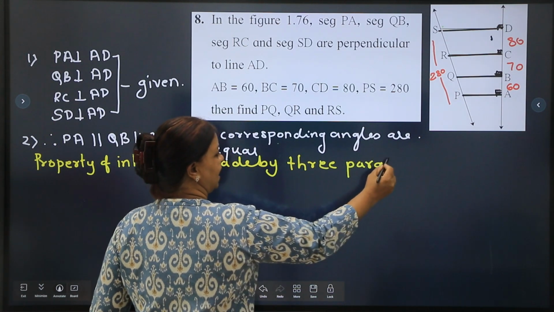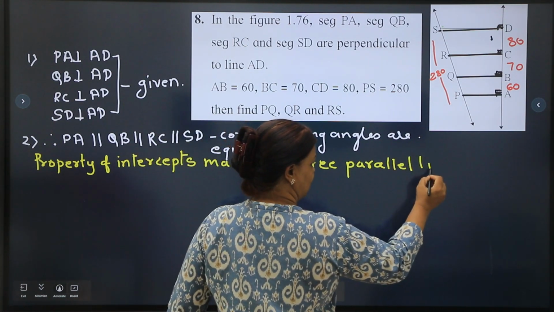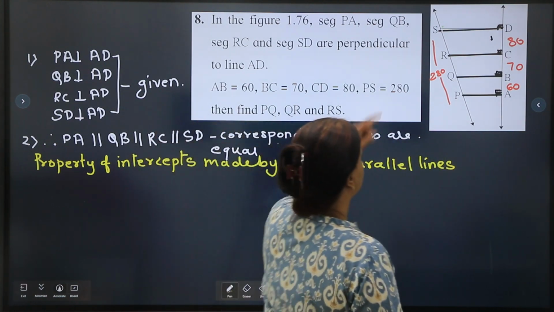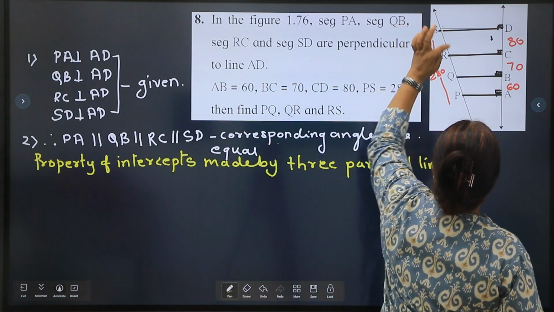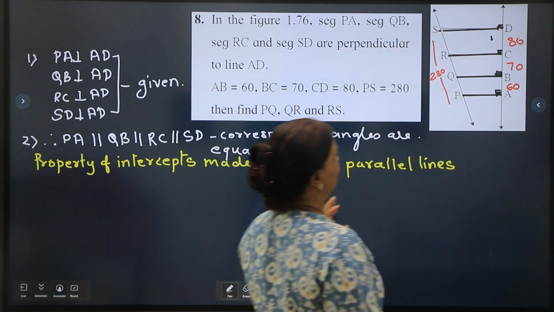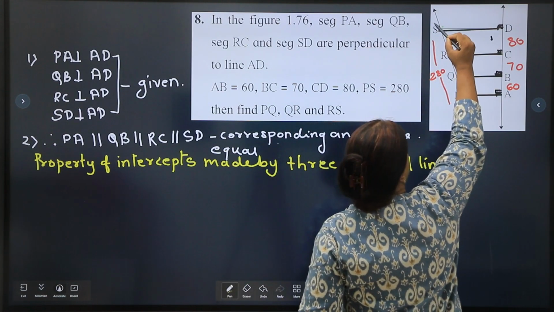We will consider any three parallel lines, like SD, QB and AP.